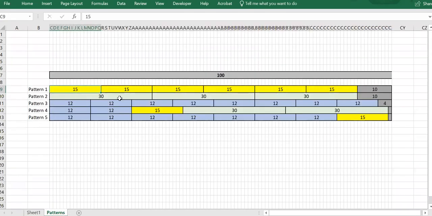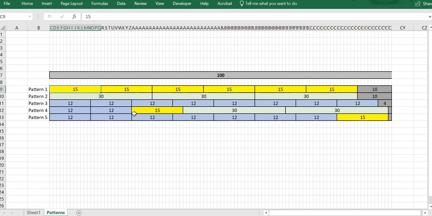So again, they just make a cut over here, another cut over here, another cut over here, and there's going to be 10 trim loss. Next pattern, 12 feet, only 12 feet rolls. A cut over here, another cut over here, another cut here, and so on until you get to here. And then there's going to be 4 feet of trim loss.